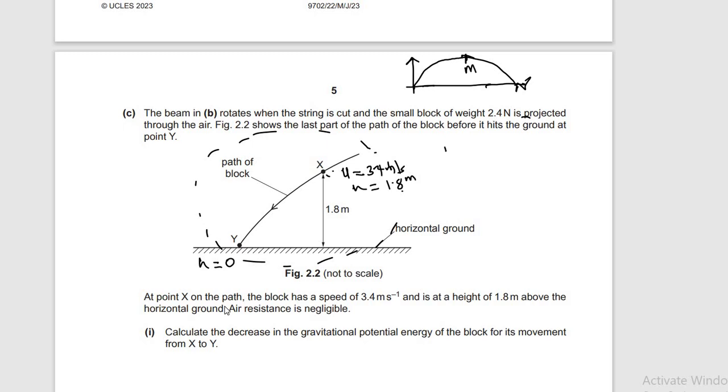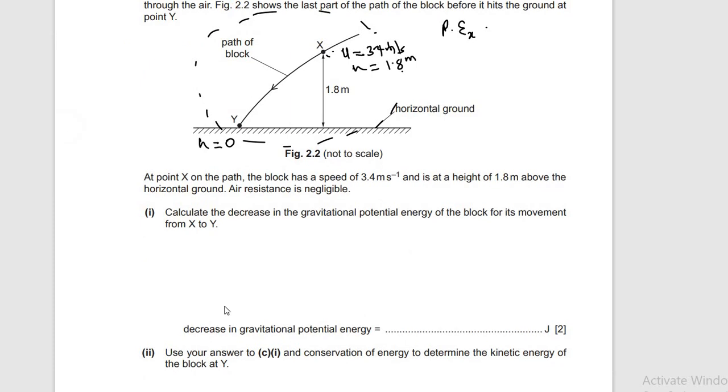So, potential energy at X, you have to look for it. Potential energy at X is mgh at X. mg is mass times g, that's the weight. The weight is 2.4. The height is 1.8.